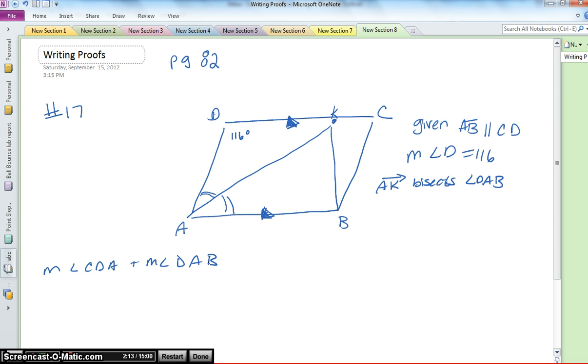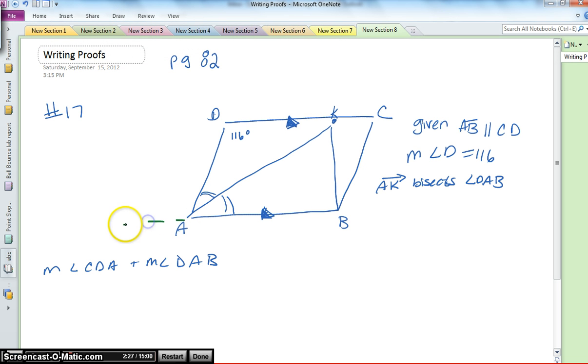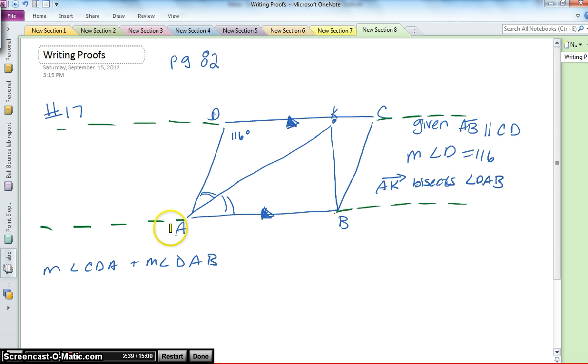And you tell me, what do we know about the sum of those same side interior angles? Let's go ahead and extend the parallels, just because sometimes it's easier to look at them when they're extended. And let's go ahead and highlight the transversal.